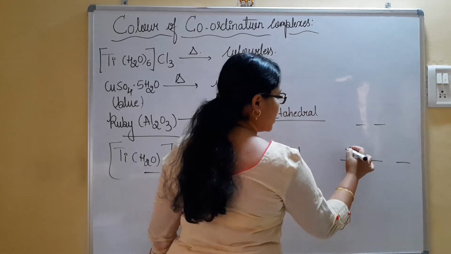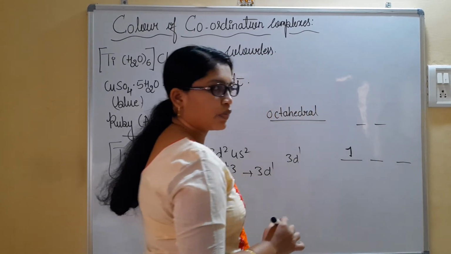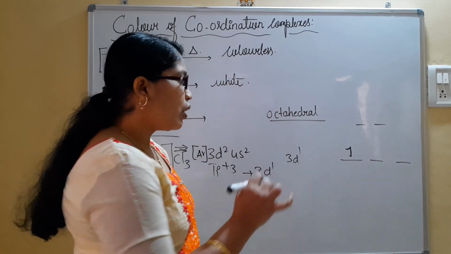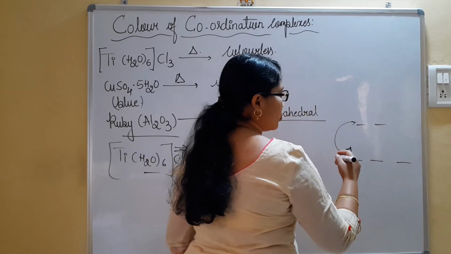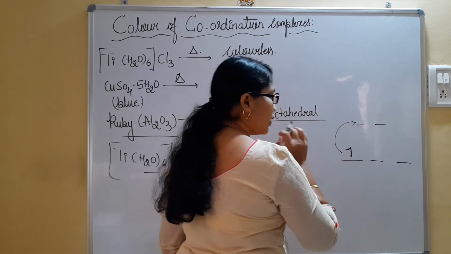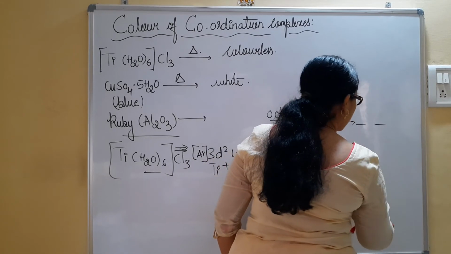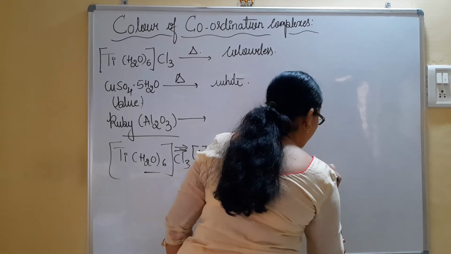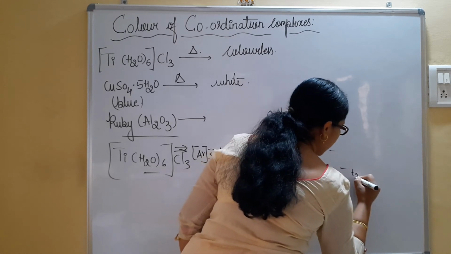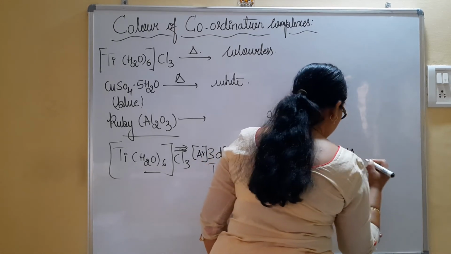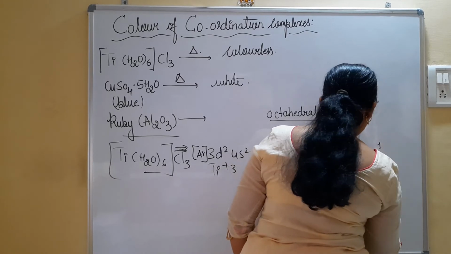We have to represent that electron here. 1 electron is represented. When this electron moves to a higher energy state due to absorption of a certain amount of energy, it moves from t2g to eg. This is t2g. This is eg. Now it moves to eg.